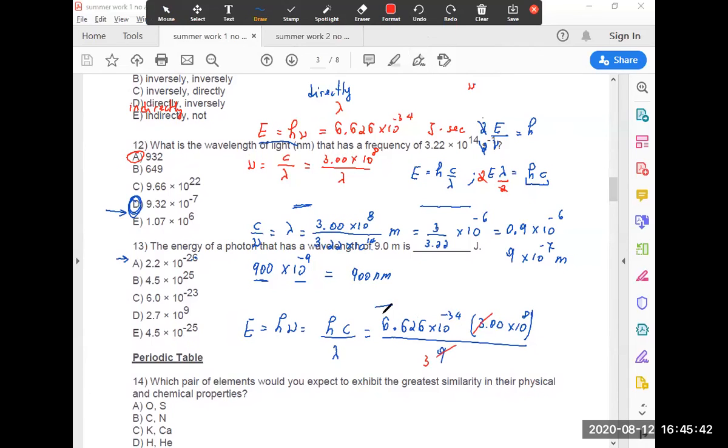Then we have some kind of 6 divided by 3, so this can be about 2.2, right? So this is somewhat 2.2, and then we have times 10 to the negative 34 plus 8, which is negative 26. Do we have anything like that? Well, yes, right here.